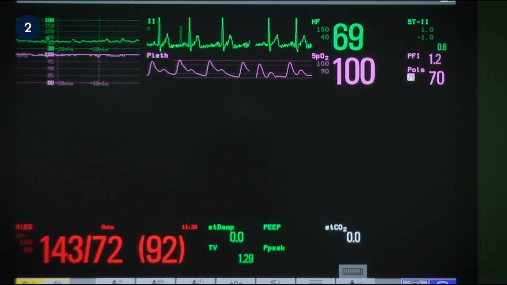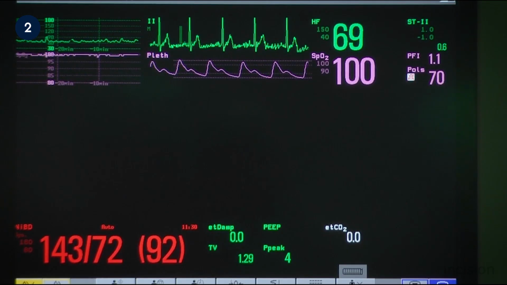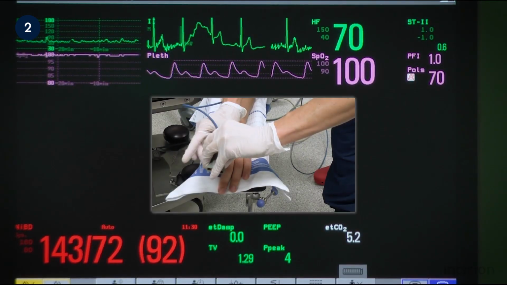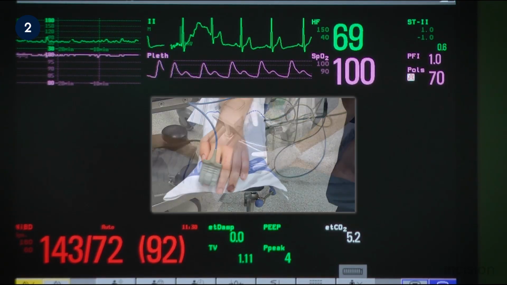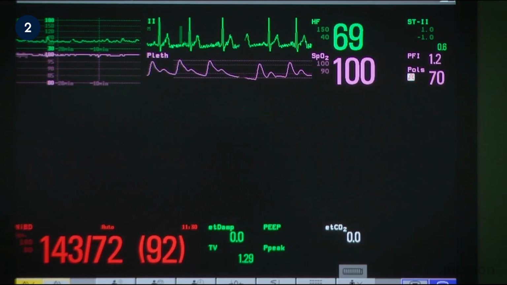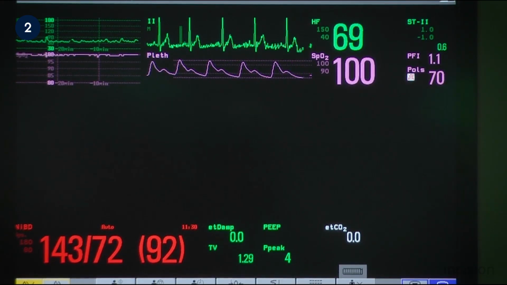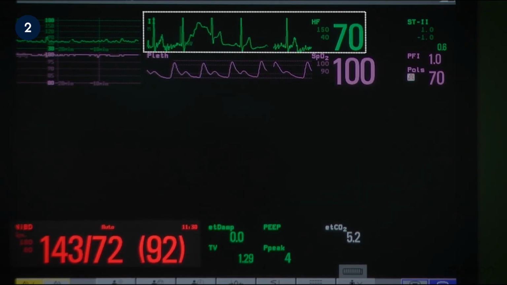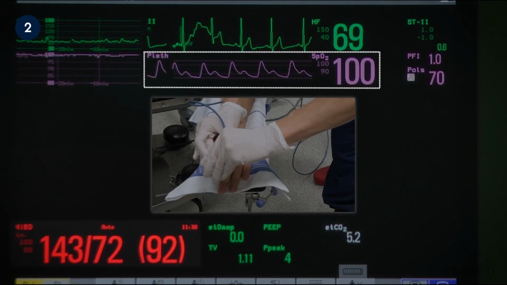Monitoring is a key component in the provision of anesthetic care. In addition to ECG electrodes, an oxygen saturation probe and blood pressure cuff are now placed on the patient. The minimum required monitoring during a spinal anesthetic is blood pressure, ECG, and oxygen saturation.